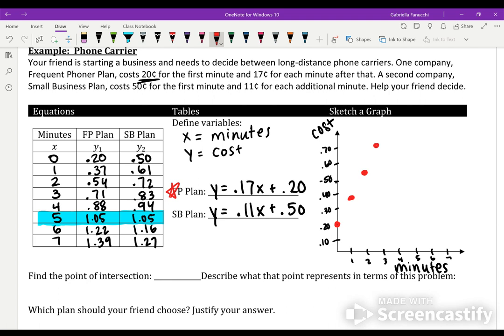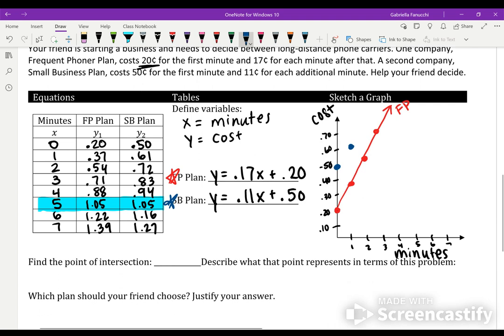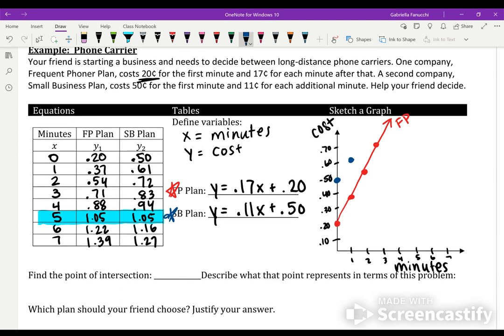That's the frequent phoner plan, FP. And then in blue, I'm doing the small business plan. So I'm starting at 50 cents. At 1 minute, it should cost 61 cents. At 2 minutes, it's going to cost, oh wait, 72 cents.